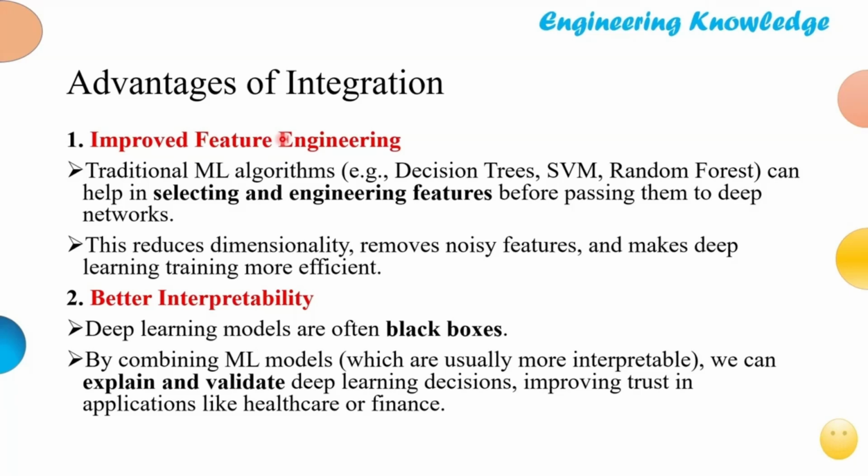It makes the overall system architecture more reliable and more efficient. We can make the interpretability of the data better because the machine learning models will combine with deep learning models. So combining ML models will explain and validate the deep learning decisions. Suppose there is a feedback system, we can use it as a feedback system for deep learning models: what you are doing, is it correct or not?